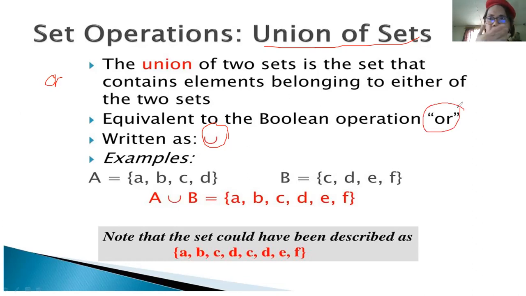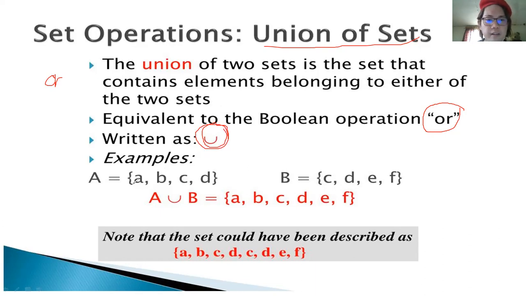If you think the word Boolean is really difficult, never mind, it's not the focus of our discussion. In short, the other form or preposition used to describe a union is the word or. So that means union, written as this symbol, as you can see.